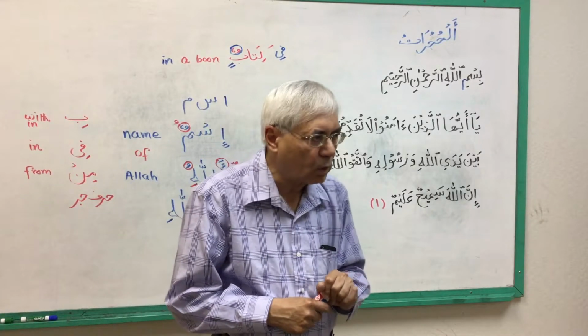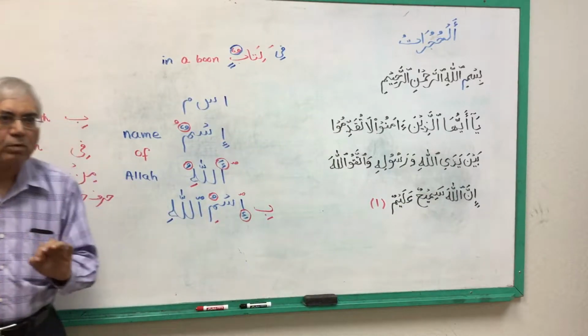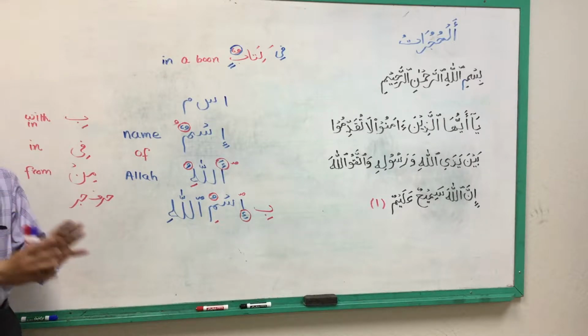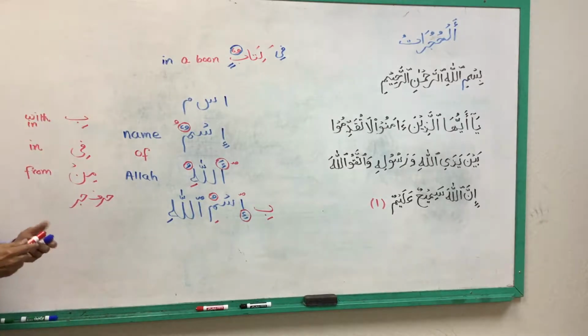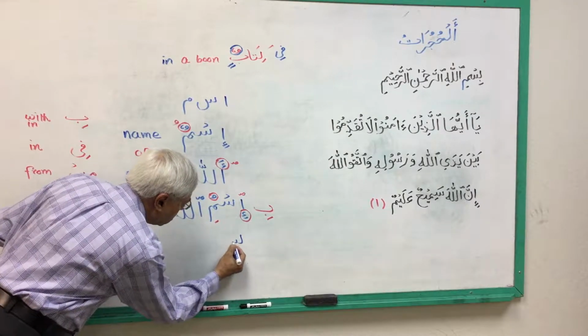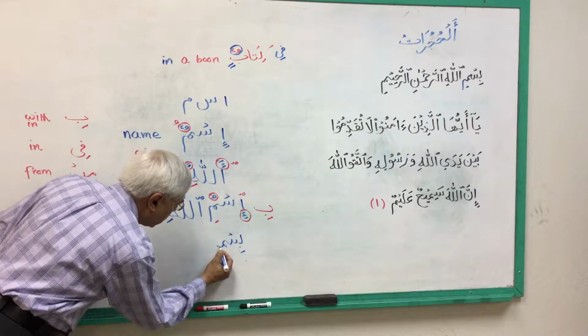Originally, from the beginning of the Quran, this alif was not written. Even though alif is a part of the word, it is not pronounced, so they don't write it. Every other place they write it. So this final word became this, you can write it down here.